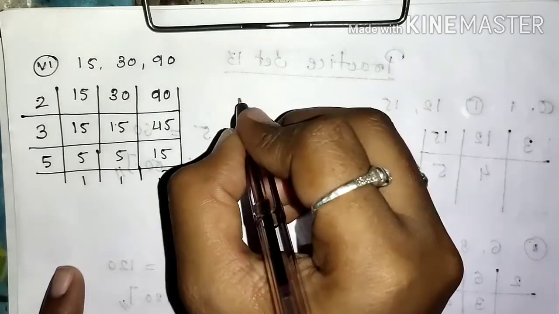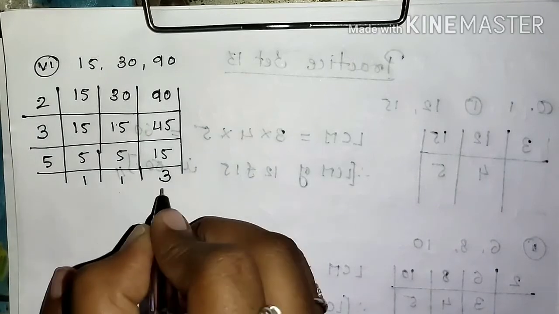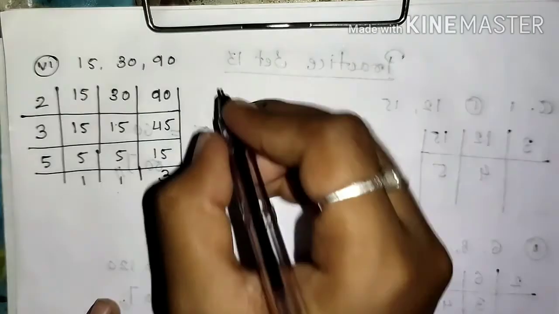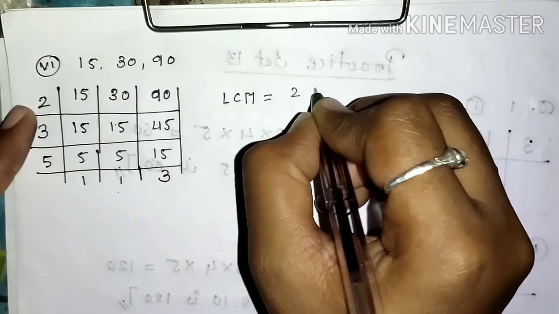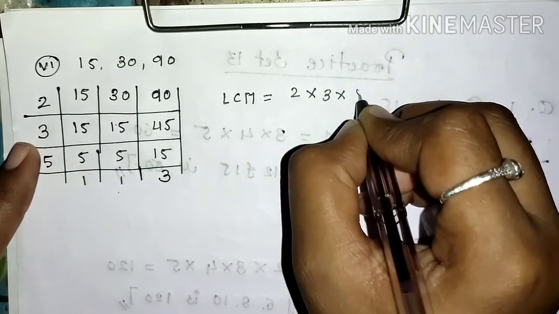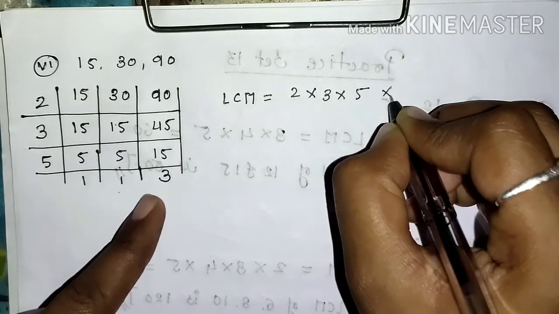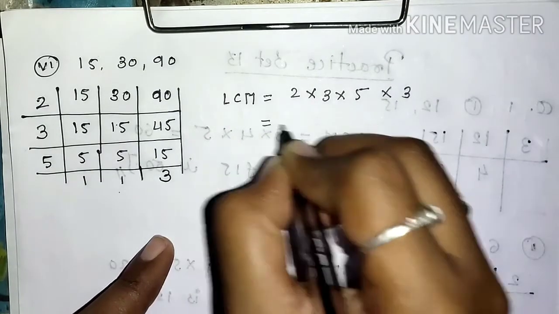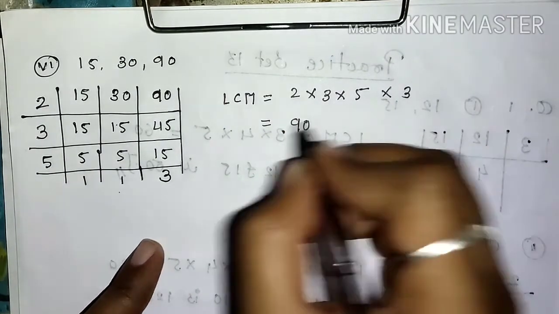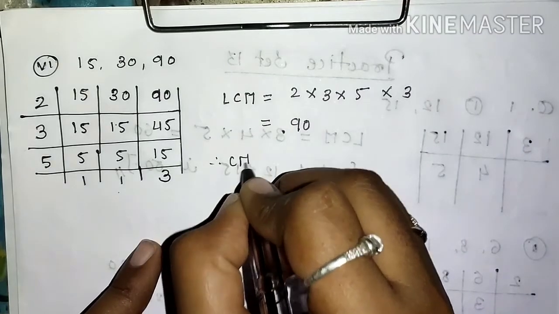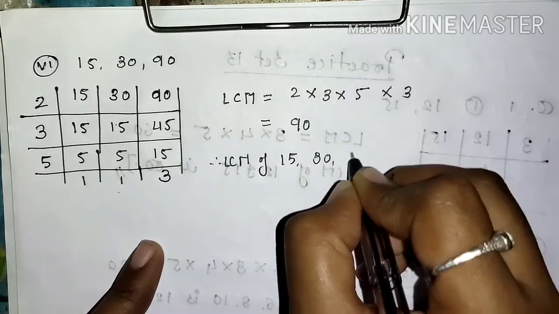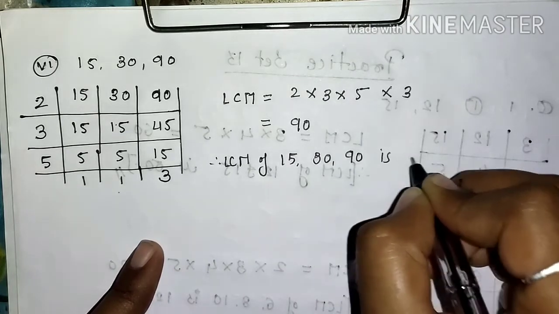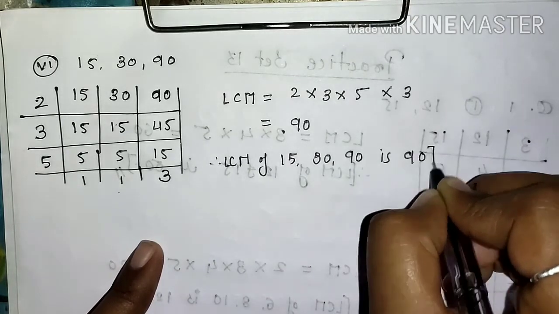Okay. So now next 1, 1, 3 cannot be divided further. So the LCM is equal to 2 multiplied by 3 multiplied by 5 multiplied by 3, and which is equal to 90. So the LCM of 15, 30 and 90 is 90.